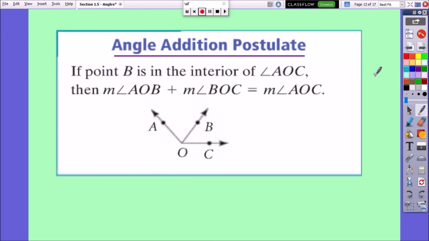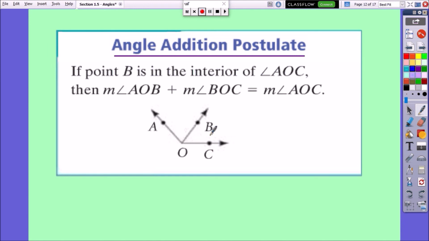All right, next up, our angle addition postulate. You might remember we had something called the segment addition postulate back in the day that really just said a little segment plus another little segment equals a bigger segment. Now we get to do the same thing with angles. We're going to have a little angle plus another little angle, and when you put them together, you get a bigger angle.